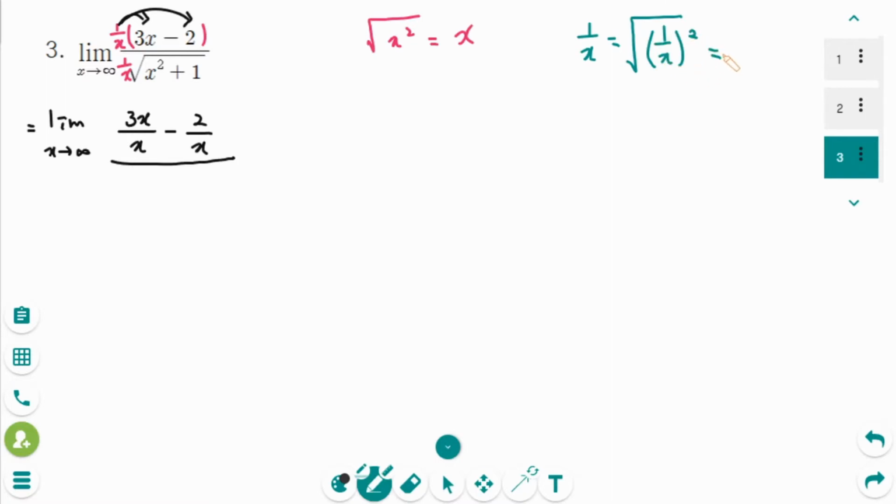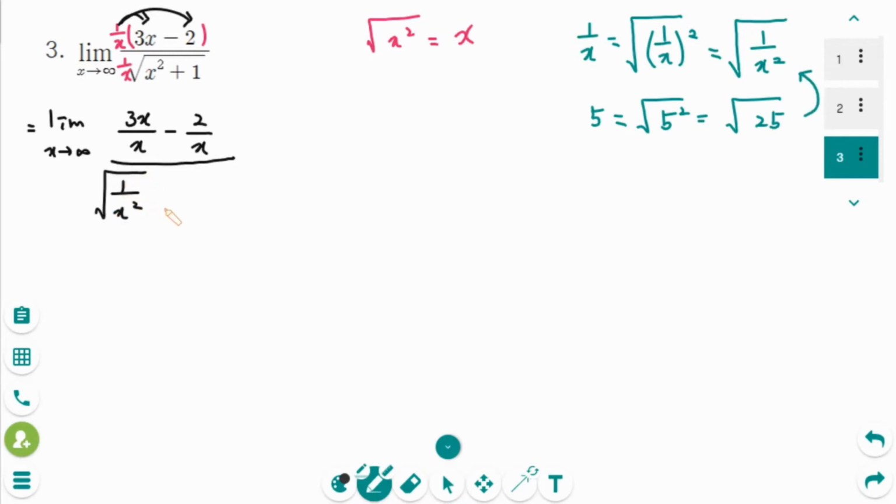So it becomes like this. If you don't understand, think about 5 is square root of 5 squared. The square root of 25 is the same technique. So this one is the same as this.